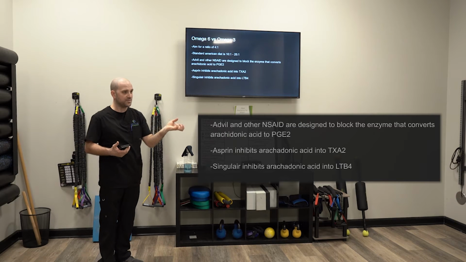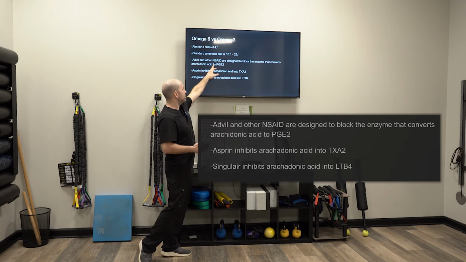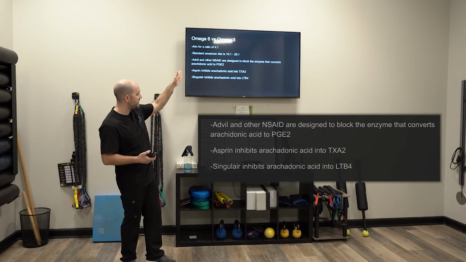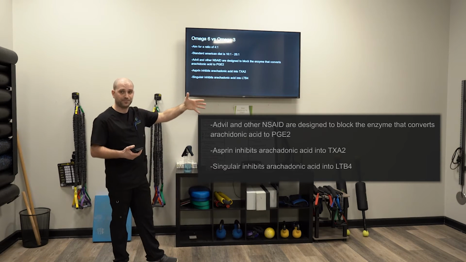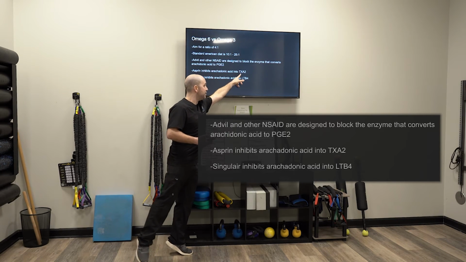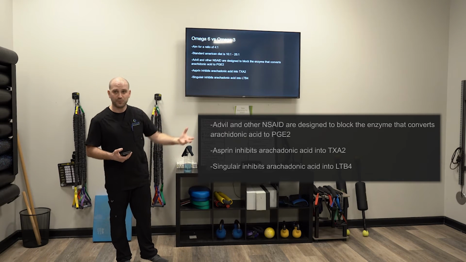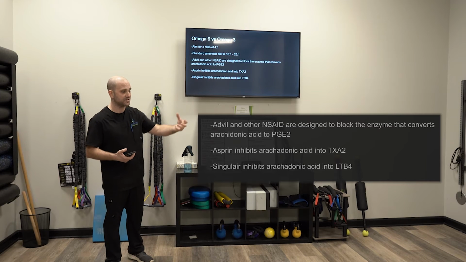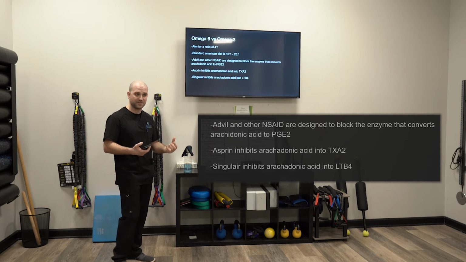So when we take Advil or other NSAIDs, they block an enzyme that basically stops arachidonic acid from converting into prostaglandin E2. When we take aspirin, it inhibits arachidonic acid into your thromboxanes, which are an inflammatory chemical in the body. Like when you're sick, your body releases these types of inflammatory products. So these are the ones that kind of make us feel like crap. They make us feel achy, they make us hurt.